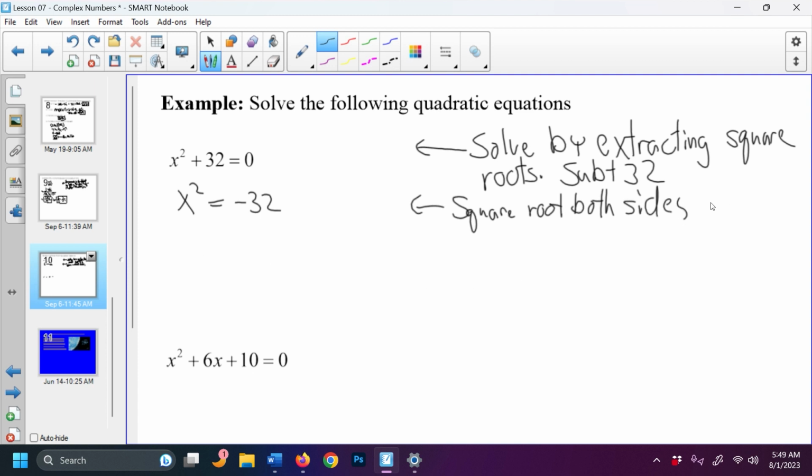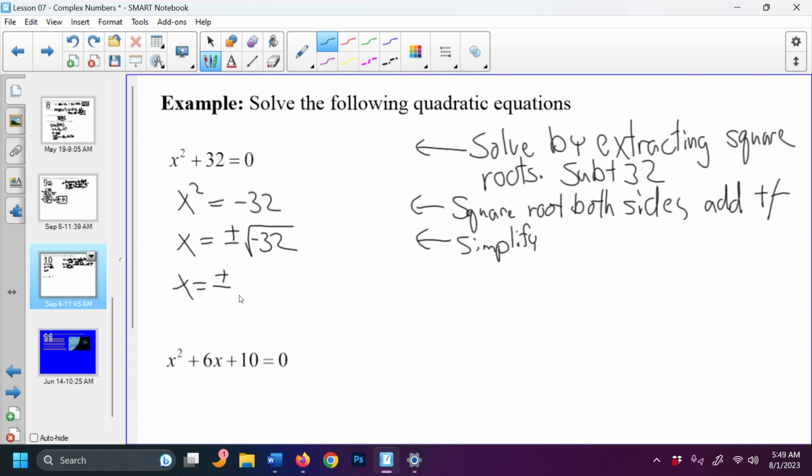And remember to add plus or minus when you take a square root. So I'll have x equals plus or minus the square root of negative 32. All right, so we're going to simplify. What we're going to try and do here is find all of the perfect squares.